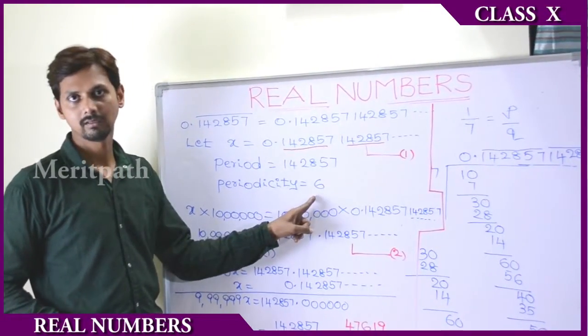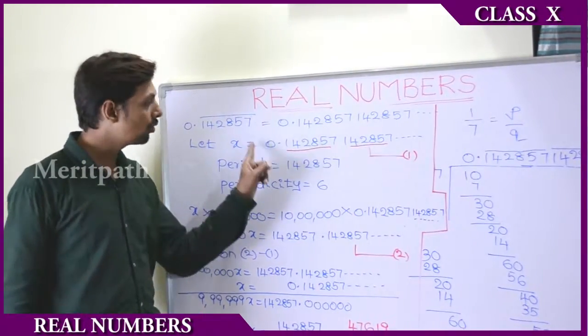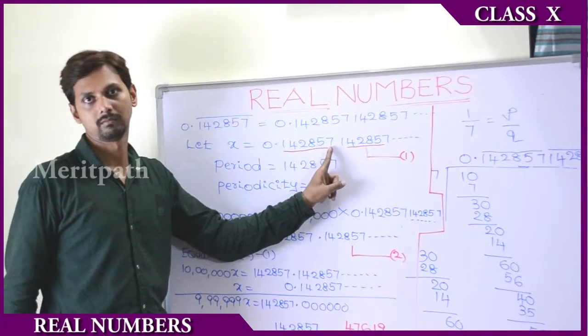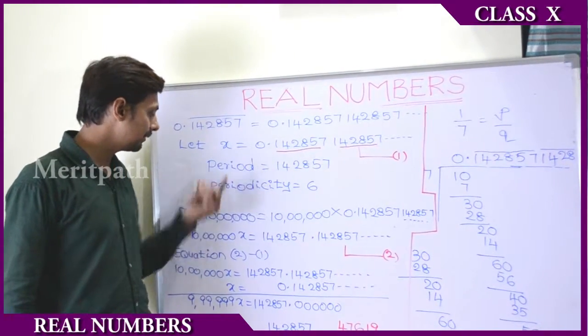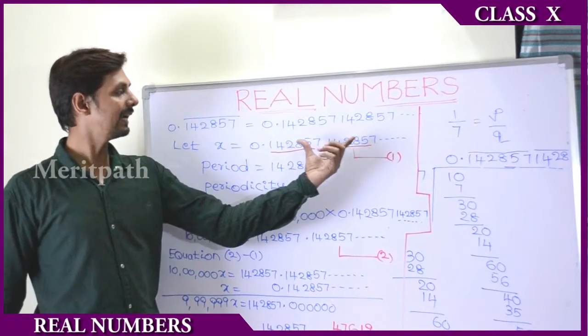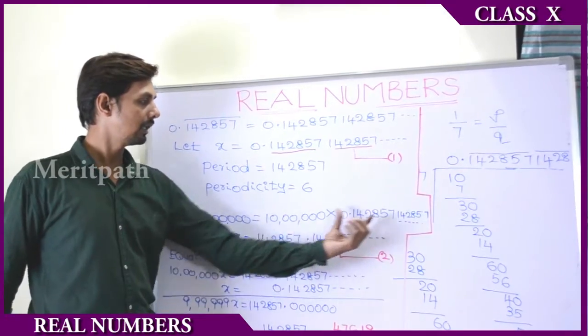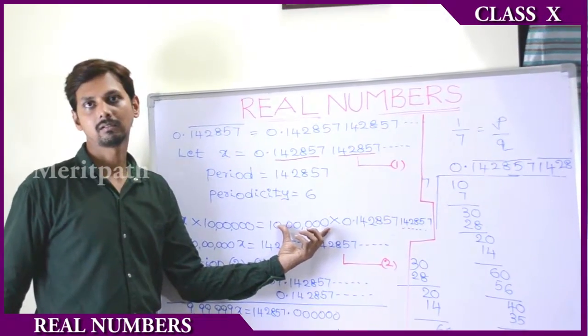Periodicity is 6. That is the reason for multiplying with 10 lakhs on both the sides of equation 1. Left hand side, we get x into 10 lakhs. Right hand side, the same repeating value with 10 lakhs.